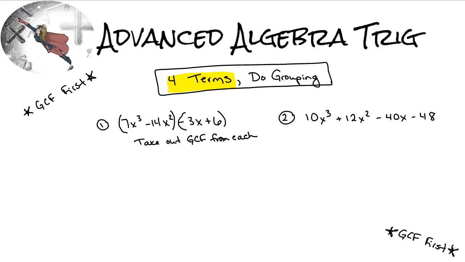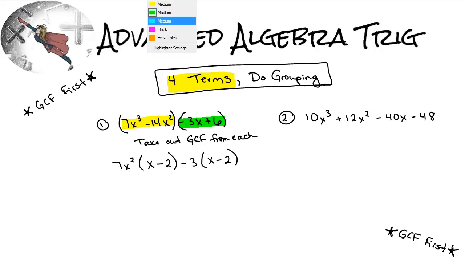So in the first parenthesis, you can divide out a 7x to the second. And when you do that, you're left with x minus 2. And then out of our next parenthesis, negative 3x plus 6, let's take out a negative 3. It's always good to take out the negative if it's the first thing. And that leaves you with x minus 2.